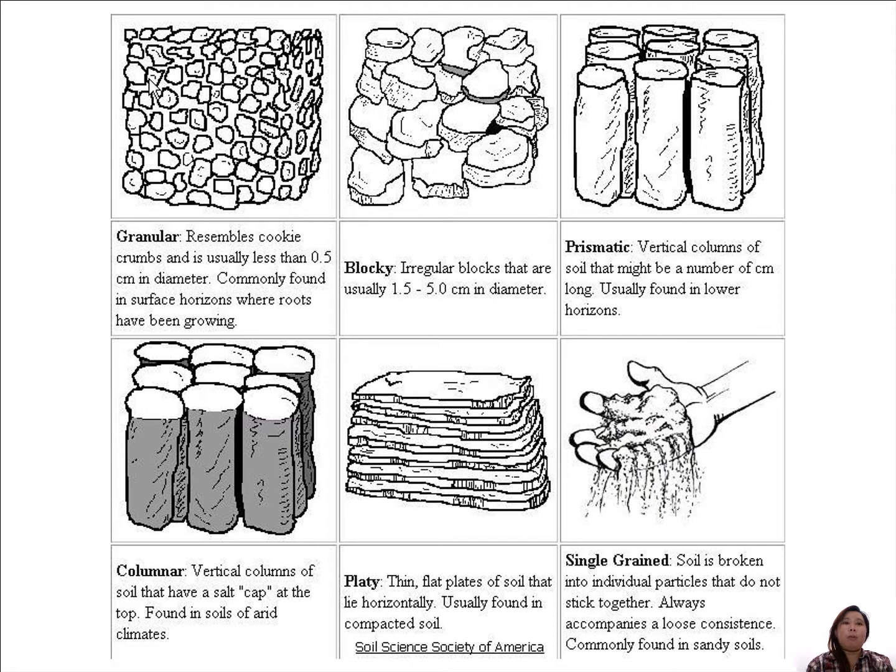And this one is commonly found in soils of the arid climates, because soils of the arid climates are prone to salinization. We also have the platy structure, which is composed of thin, flat plates of soil that lie horizontally, usually found in compacted soil. Another is the single grain.